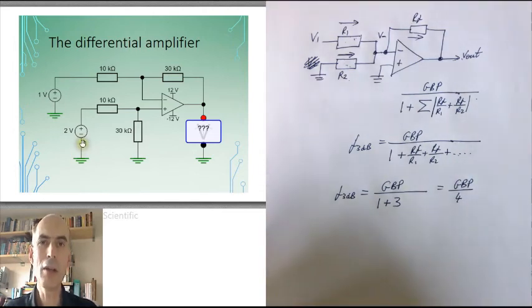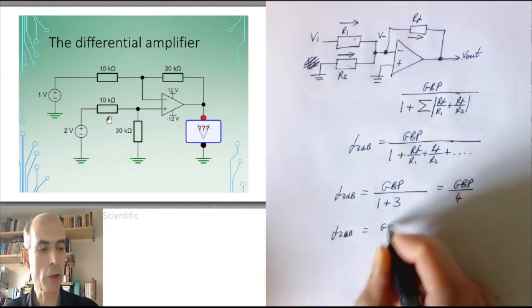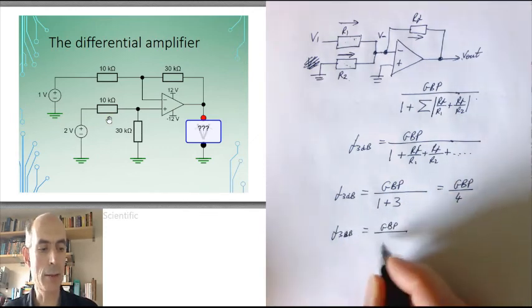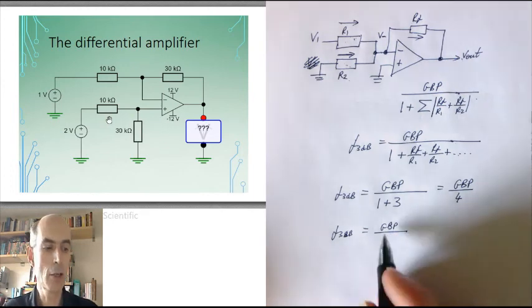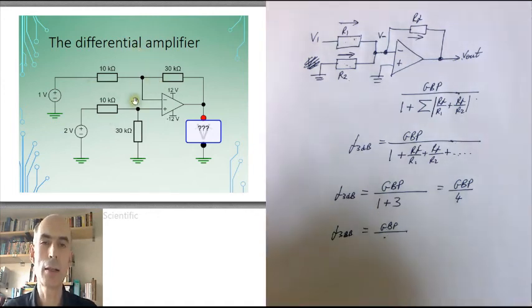For the non-inverting input here, the 3 dB bandwidth is given by the equation for a non-inverting amplifier, and that would be the gain bandwidth product divided by the gain. Not 1 plus the gain, just divided by the gain. But for a non-inverting amplifier, the formula for the gain is 1 plus the feedback resistor divided by this resistor to ground.